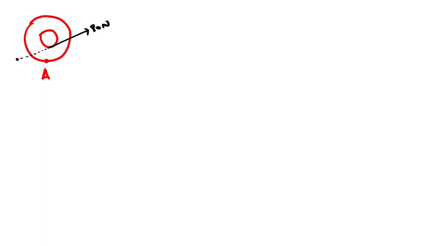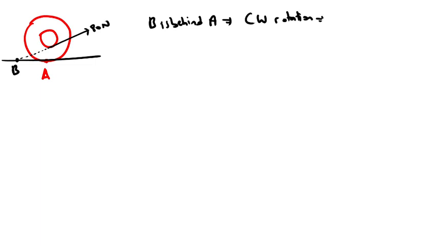This is point B. If point B is behind point A, then we will have a clockwise rotation, and then the spool will move towards the puller.